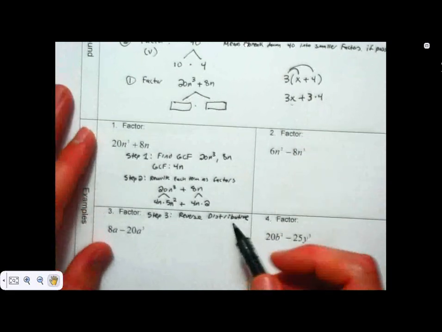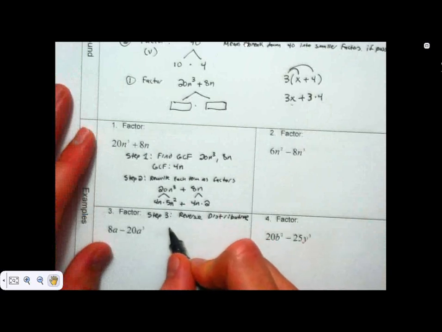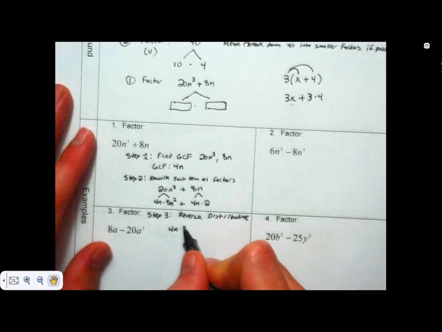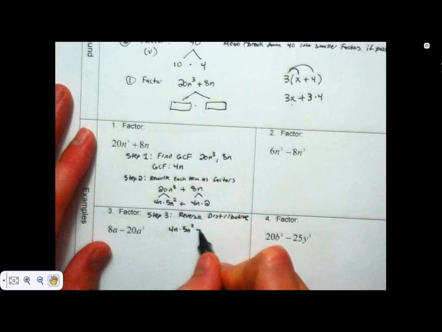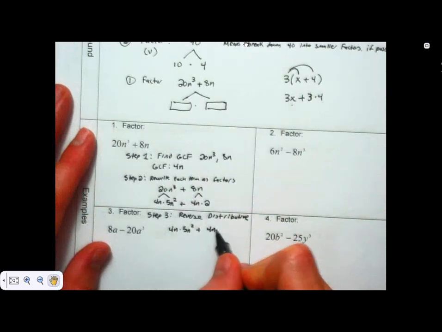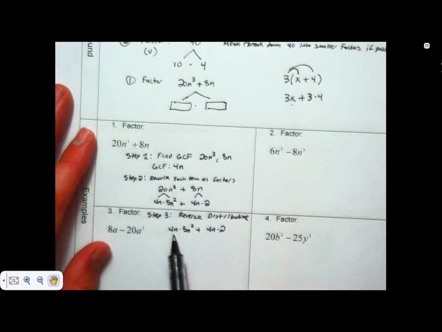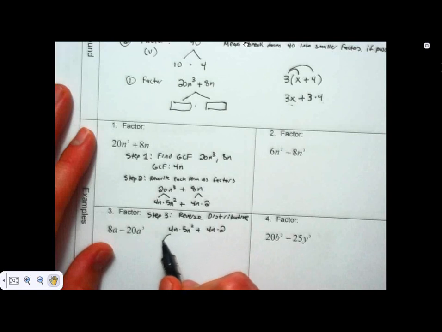So if I'm reverse distributing, we've got 4n times 5n squared plus 4n times 2. Notice that in each term we've got a 4n. So that's what's going to go on the outside of the parentheses, the 4n.